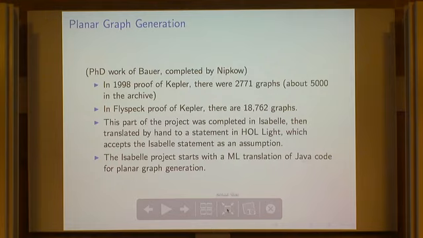On the HOL Light side, based on what Gonthier did with the four color theorem, we were using hypermap representations of planar graphs. And so there was an unpleasant thing that we had to prove: that this double, triple translation of this old piece of Java code actually correctly matches up with the hypermap definition of planarity.